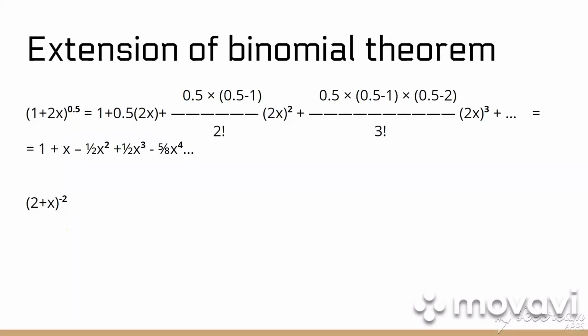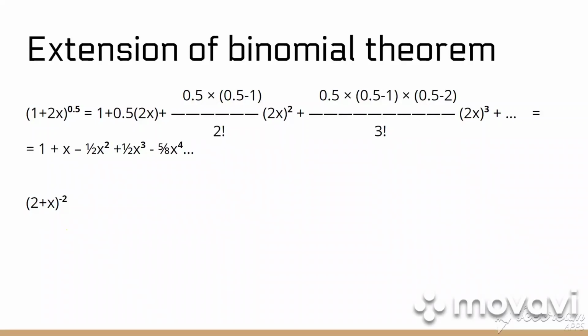So opening the brackets, we will get a big polynomial, and we have 1 plus nx, where n is 0.5 and x is 2x, plus n multiplied by n minus 1 divided by 2 factorial multiplied by x squared, and so on.